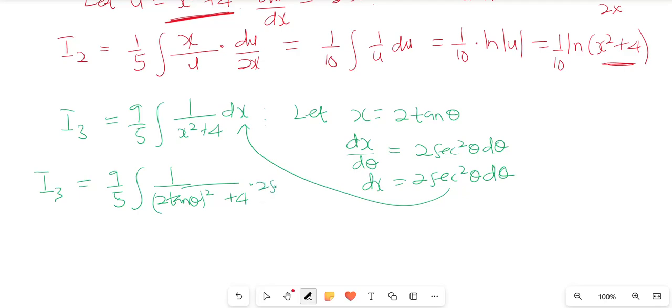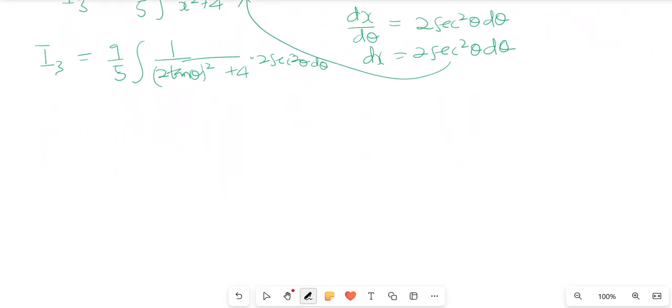Dx is 2 secant squared theta d theta. So I3 is equal to 9 over 5 integral of 1 over, square of 2 is 4, square of tan theta is tan squared theta, plus 4, times 2 secant squared theta d theta.